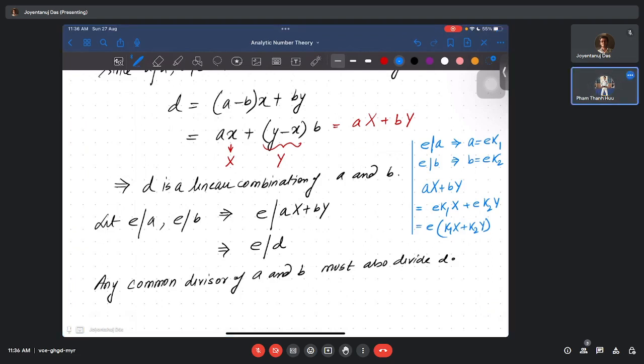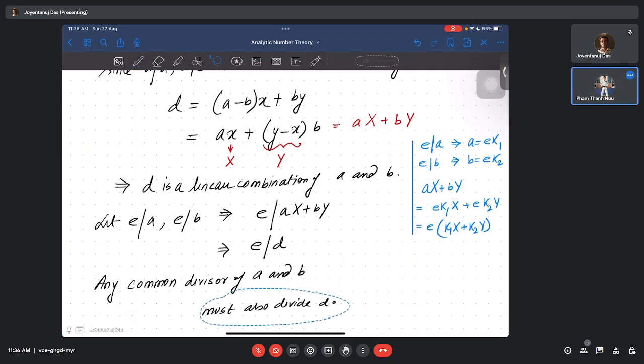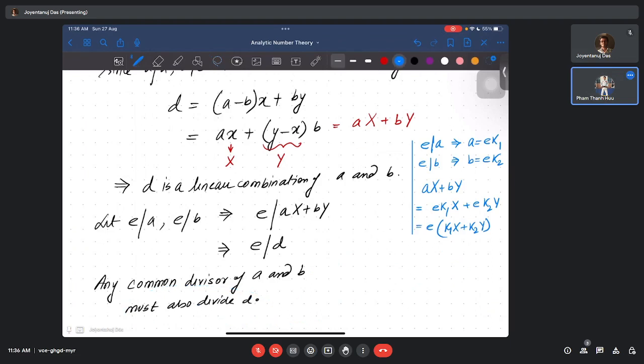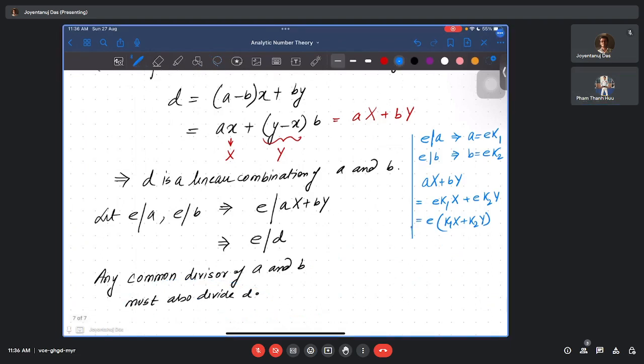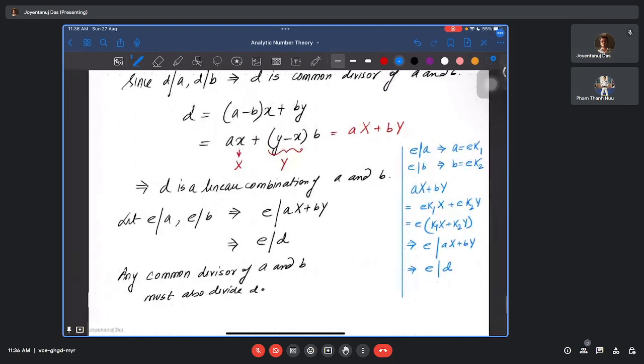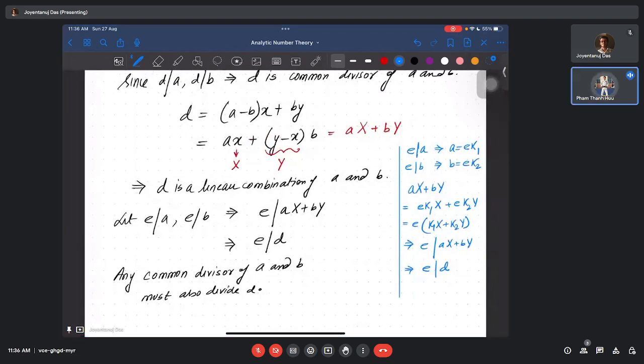So E must divide AX plus BY, right? But that is nothing but D. So E divides D. Why?